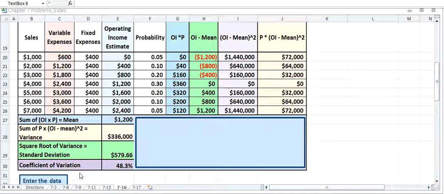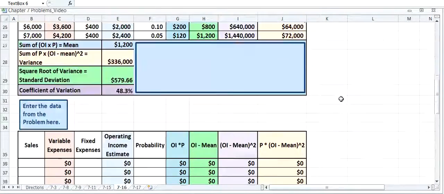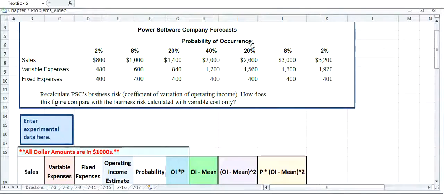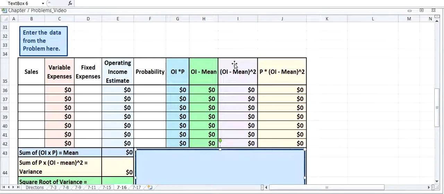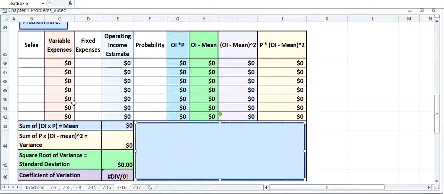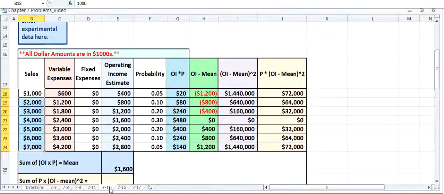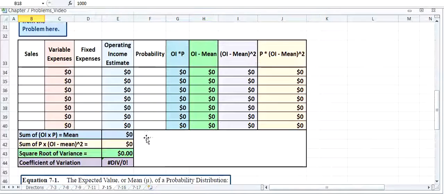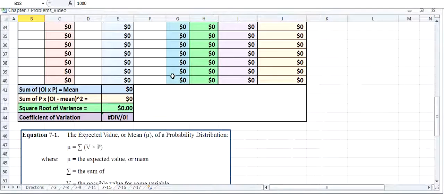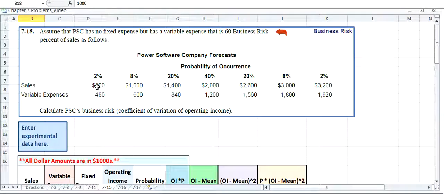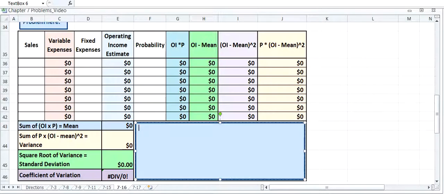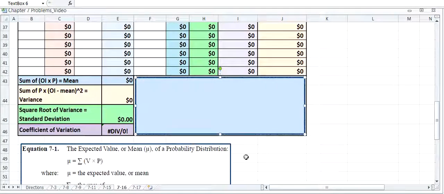So I want to remind you that I would like you to put in the data from the problem in the second table down here. Find your answer here and compare that with what you got in your bottom table in problem 715 right here. And then you simply need to answer the question in this blue text box, which you can actually type in.